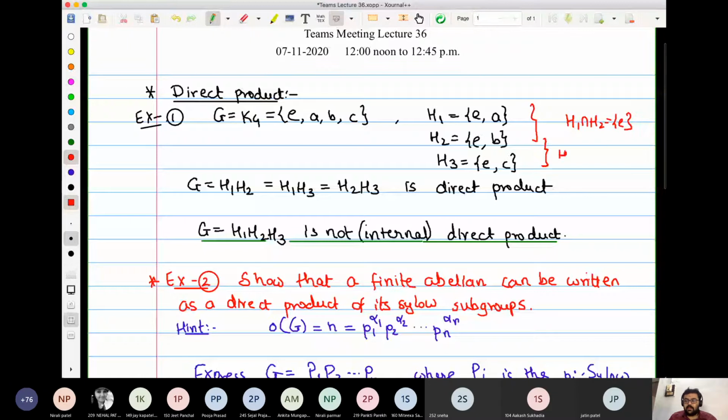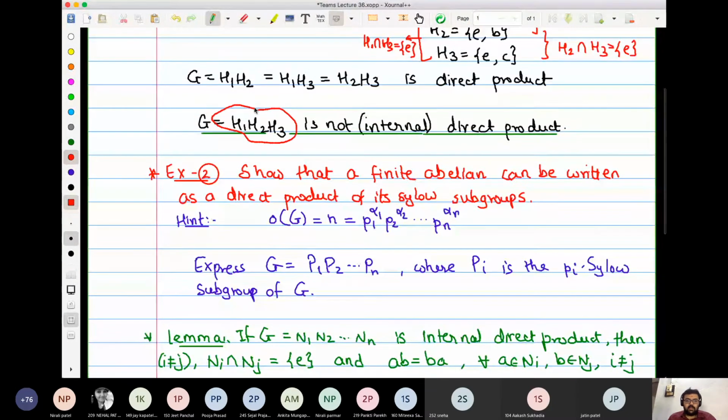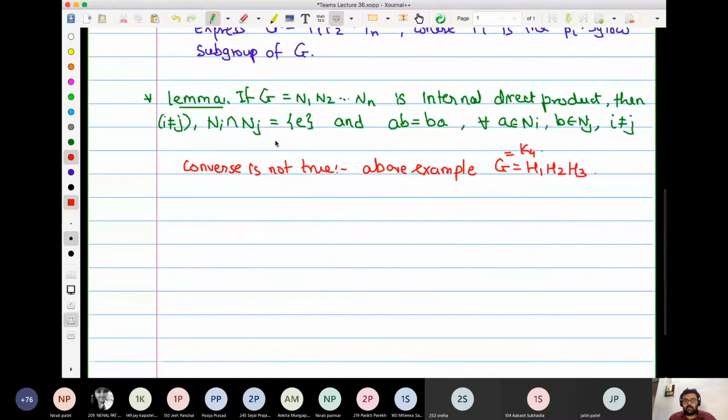H2 intersection H3 is identity, and H1 intersection H3 is also identity. So mutually they are all disjoint. But if we multiply all three, then we get {e, a, b, c}. So the product is equal to G. But it is not an internal direct product because every element does not have a unique expression in that. So the converse is not true.